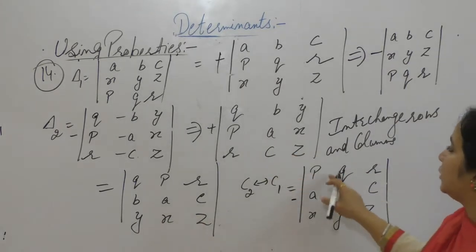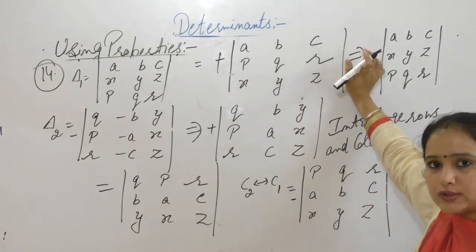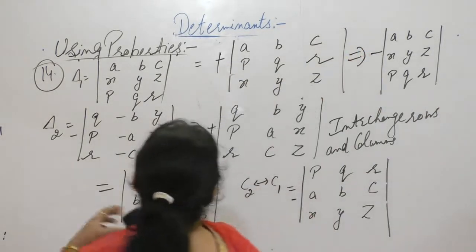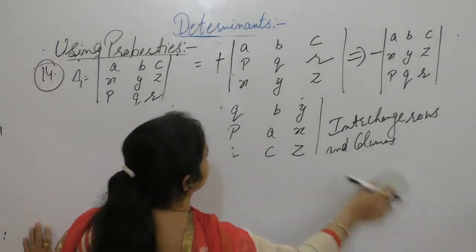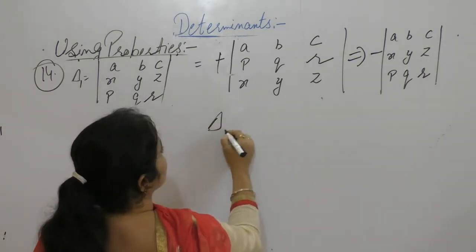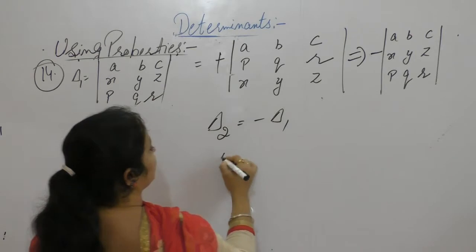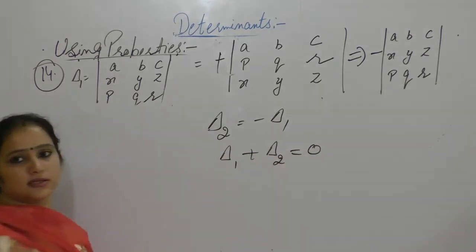When we interchange two rows, so negative, negative, plus. Again we interchange two rows, so negative. So delta 2 is equal to minus of delta 1. So delta 2 is equal to negative of delta 1. That is, delta 1 plus delta 2 is 0.